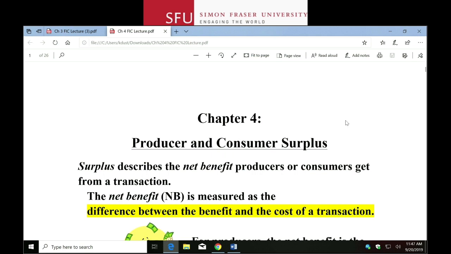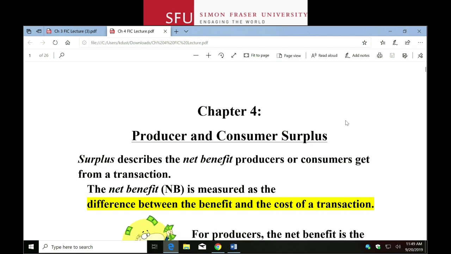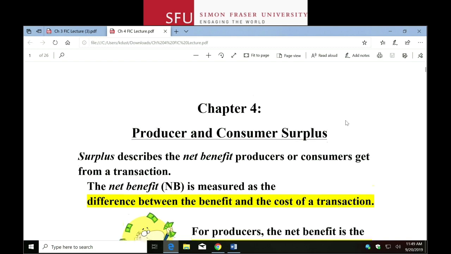Now for the sellers, this is basically their profit. When you sell something, the benefit is that you get paid money, but then you had a cost to make the good, and so your profit, of course, is the difference, and that would be your net benefit or your surplus.